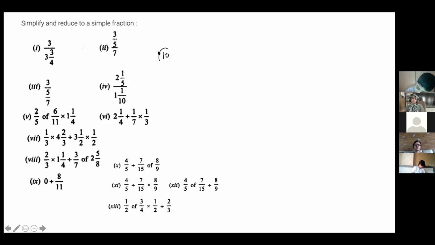10th question. All of you can see the 10th question. No lowest form, so I'll have to do the multiplication.